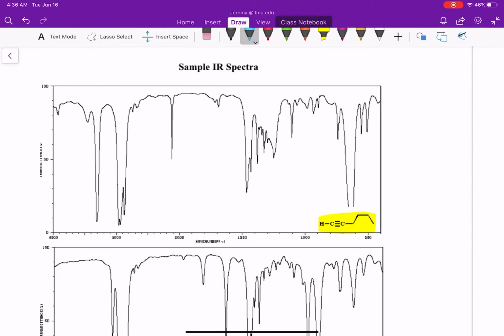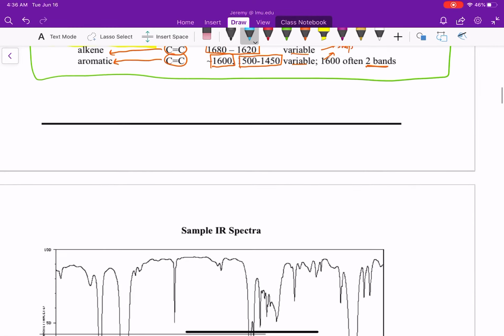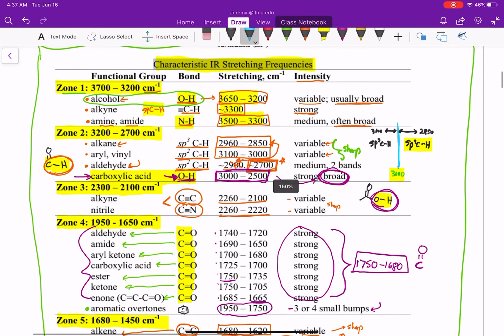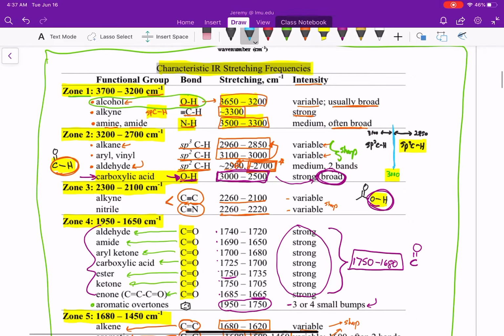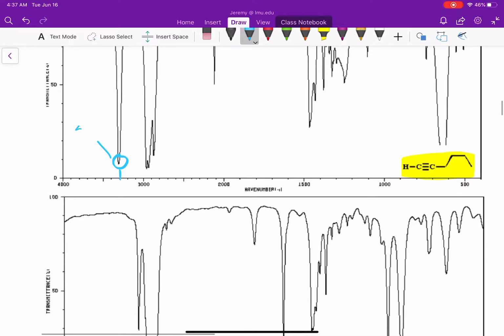So the first thing we see is if we look at this peak here, I can see a nice big peak that's at about 3,300. What does that correspond to? Well, if you go back and look at our table, a big peak around 3,300 is my sp carbon to H, okay? So we can identify this peak as an sp carbon to H bond.